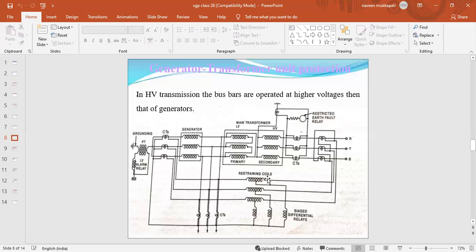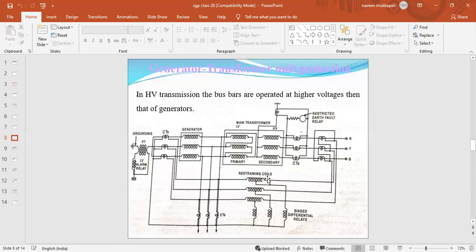In the previous classes we already discussed what protection is, and what different types of faults can occur in generators and in transformers.